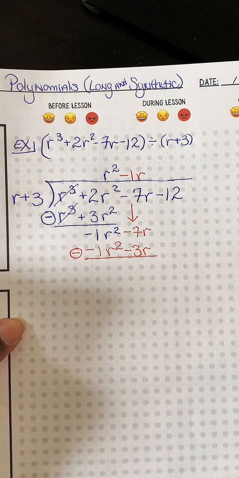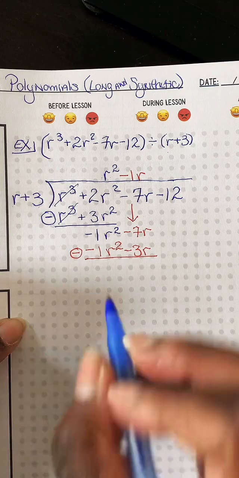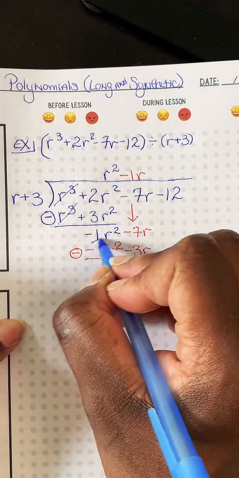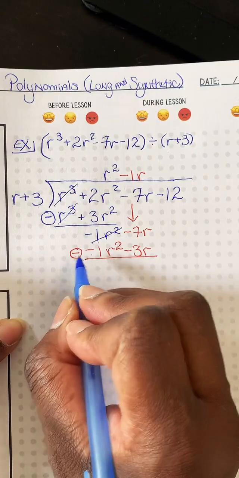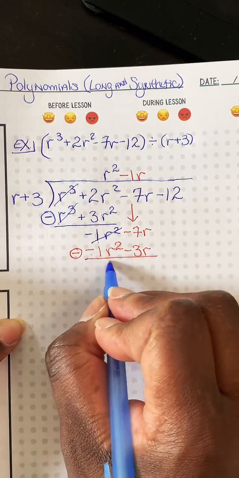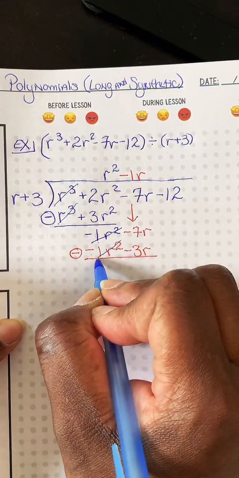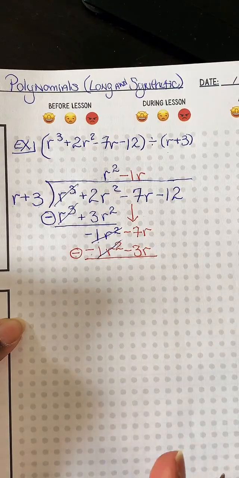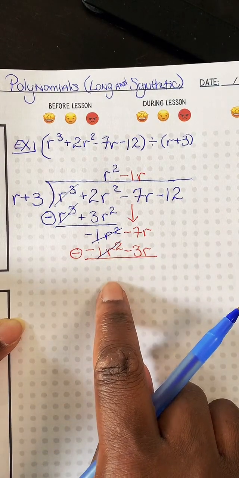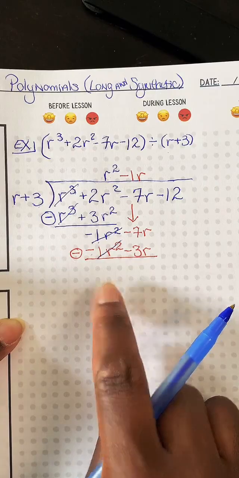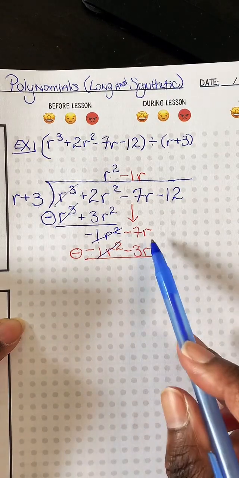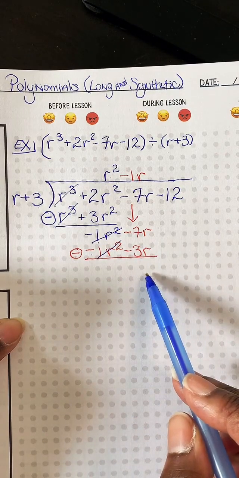So when you subtract, negative 1r squared minus a negative r squared, remember, when you minus a negative, this turns to a positive. So they're going to cancel out. If you do this correctly, these first terms should always cancel out. Now I know right away that someone's going to tell me a negative 10r.